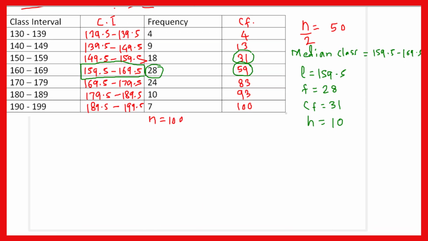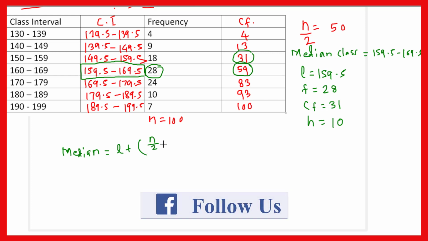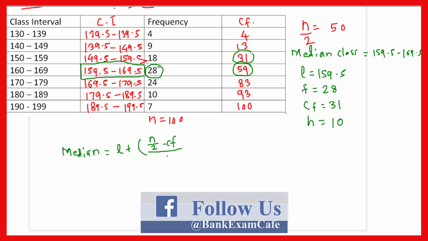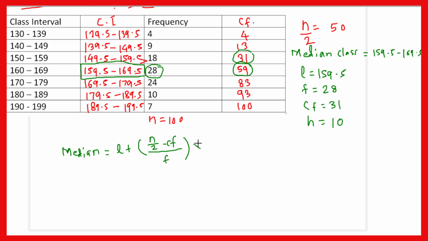Now once we have got all these things, we use the formula to find the median. So median is equal to L plus, into bracket, n by 2 minus cf, the cumulative frequency, upon F, close the bracket, into h. Now put the values.